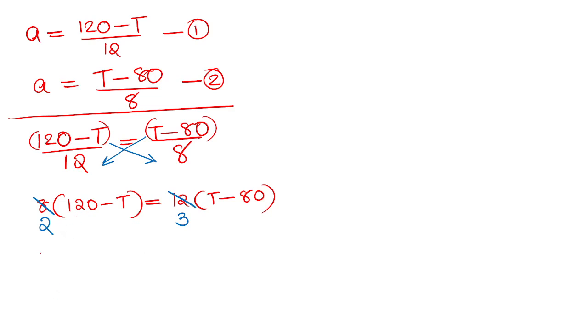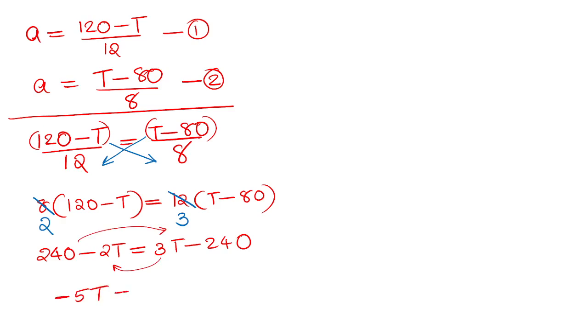Now opening the bracket. 240 minus 2t equal to 3t minus 240. Rearranging, 3t left side, 240 right side. I don't want to discuss all the steps. 5t equal to minus 240 minus 240, minus 480.